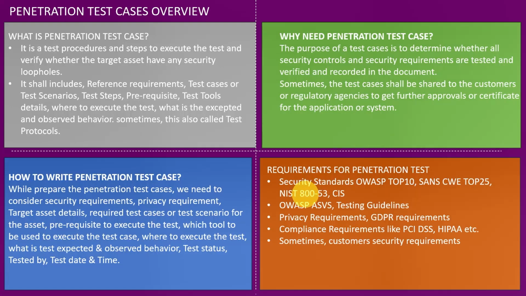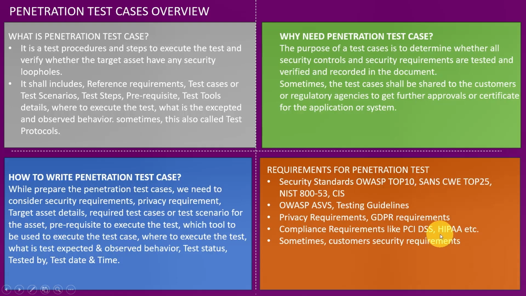Then requirements for penetration test cases. Security standards: OWASP Top 10, SANS CWE, NIST 800-53, CIS benchmark, OWASP ASVS, testing guides, privacy requirements, GDPR requirements for the application or system, and compliance requirements like PCI DSS, HIPAA.